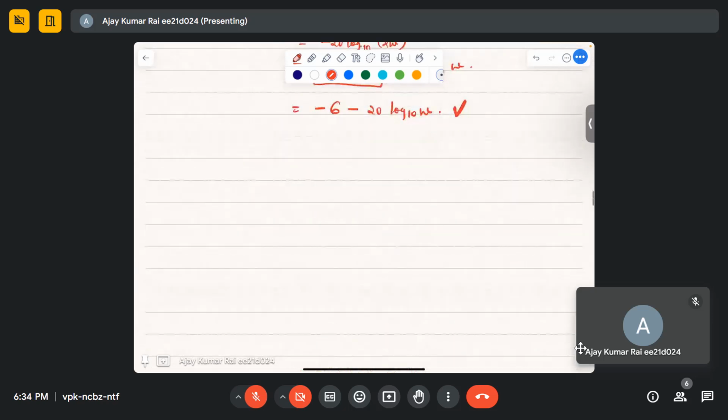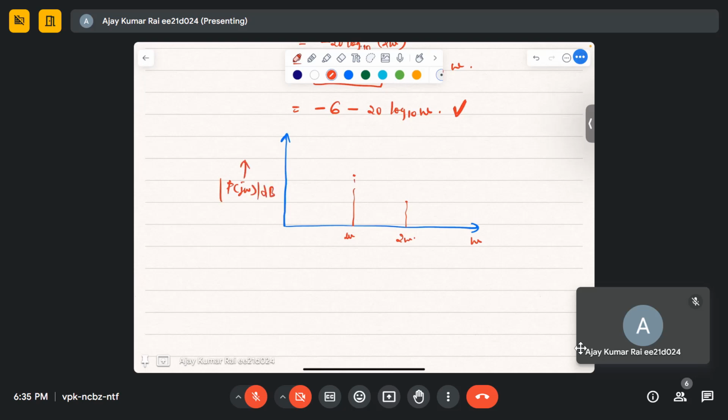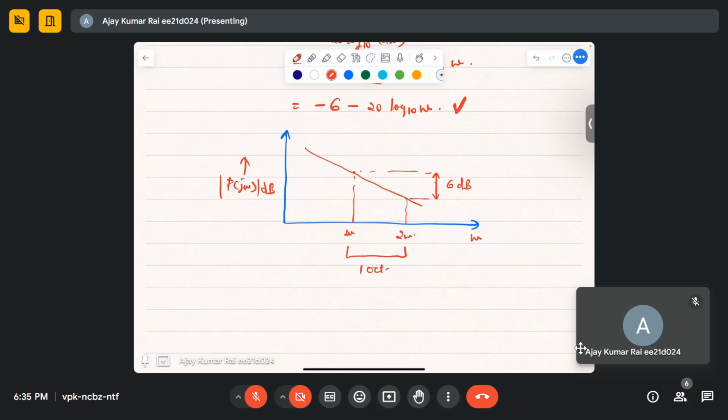If I draw the same, this is at omega and at 2 omega, and this is P of j omega in dB. This is 6 dB, and this is 1 octave, right? So that's why the slope is minus 6 dB per octave.